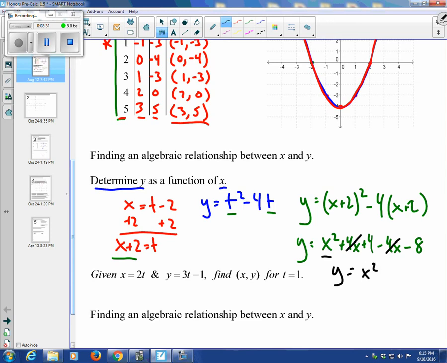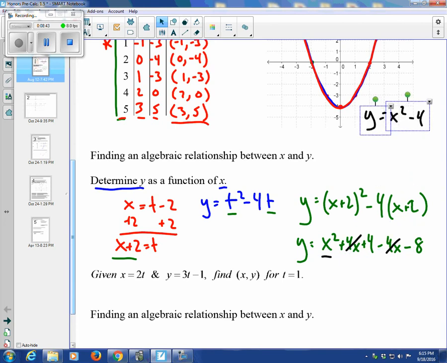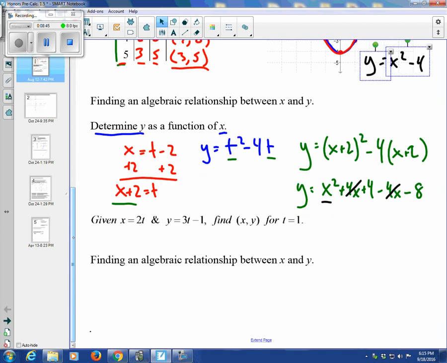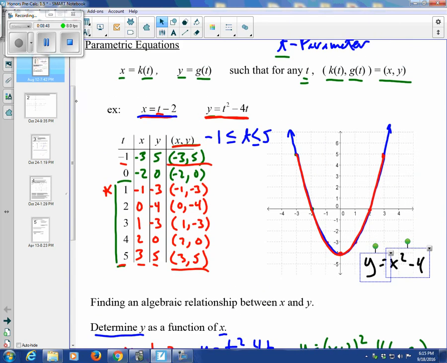So x squared, and then we've got plus 4 minus 8 gives us minus 4. And what we can do is take this equation up to our xy axis and see that in fact we do have the graph of y equals x squared minus 4, that parabola moved down 4 on the y-axis.